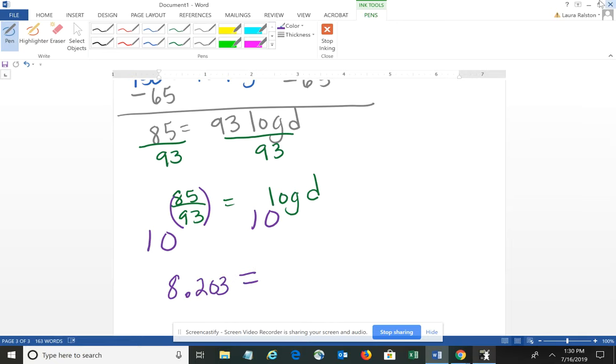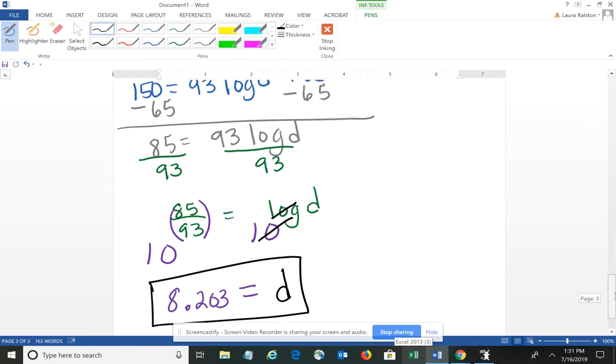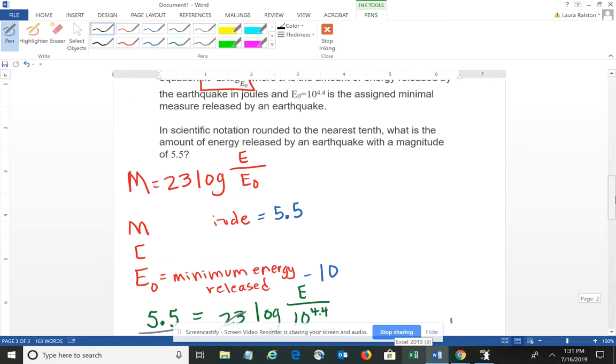And that equals my log and my exponential base 10 are going to cancel one another off. They're inverses, and that's going to equal D. Okay, so the distance traveled by the tornado would be roughly 8 miles, or 8.2 miles.